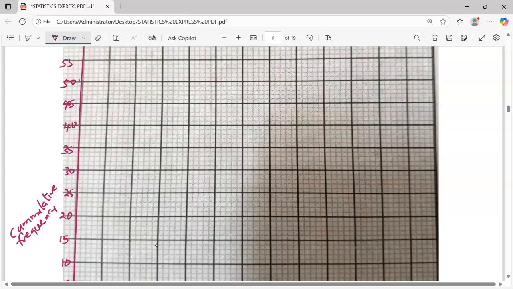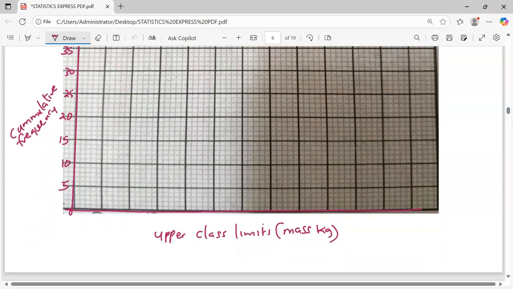We can go up to 55 because graphs are never exact. After that, we move to the x-axis where we have the upper class limits. The first one is 18.5. The second one is 22.5.